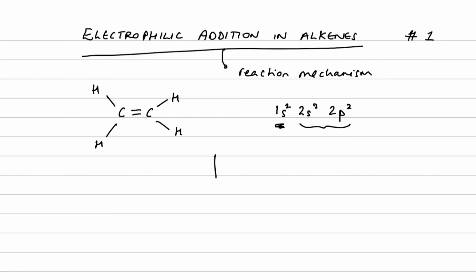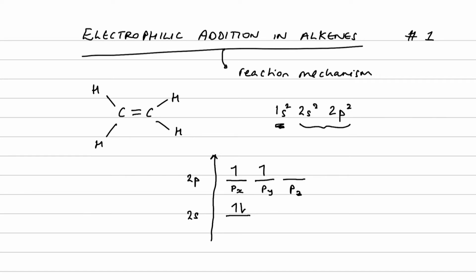So let's have a look at those on an energy level diagram. We've got our 2s and our 2p, and of course there are 3 2p orbitals. We've got the px, the py, and the pz. So 2s, 2p, and in the carbon atom our electrons are arranged like so.